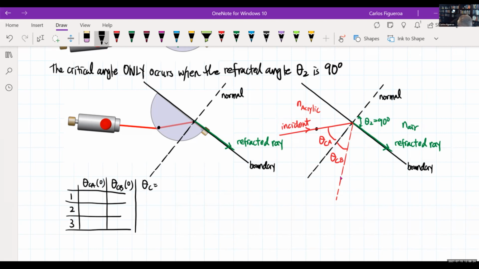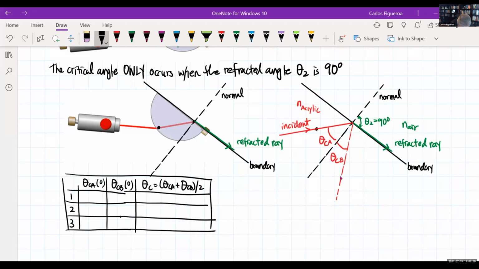So the critical angle is really CA plus CB divided by 2, and then get the average. So now you have an average. Now, how do I get 3 measurements?